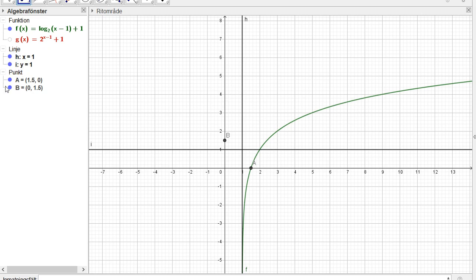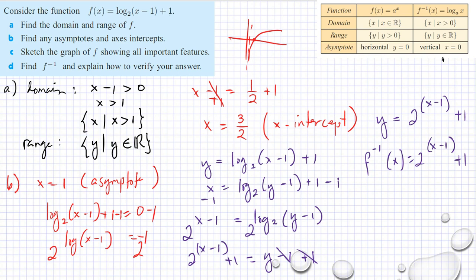As you can see here, this is the graph of the logarithm of x minus 1 with a base 2. And the intercept there, here is the intercept, 1.5. When x is equal to 1.5, I think that is what we get. Okay, yes, when x is 1.5 here.